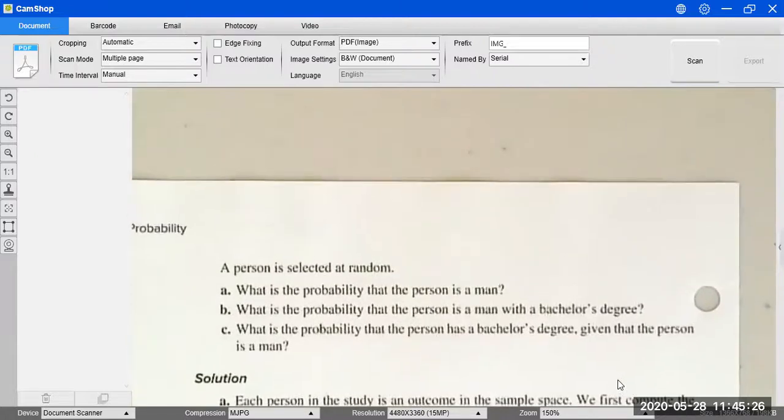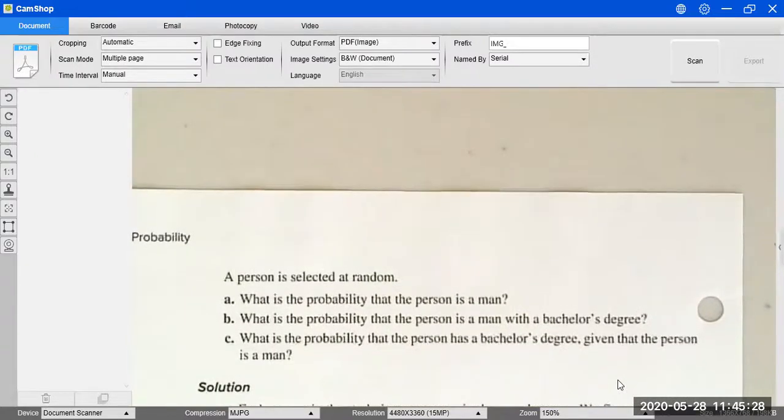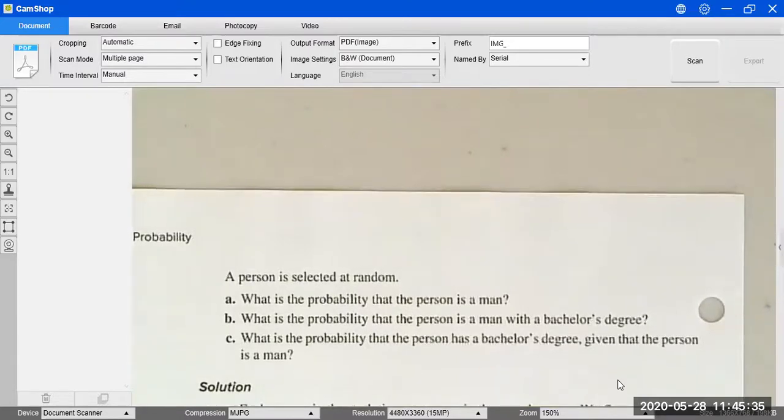A person is selected at random. The first question: what is the probability that the person is a man? This is just unconditional probability because they don't use the word given. They are not talking about two events.